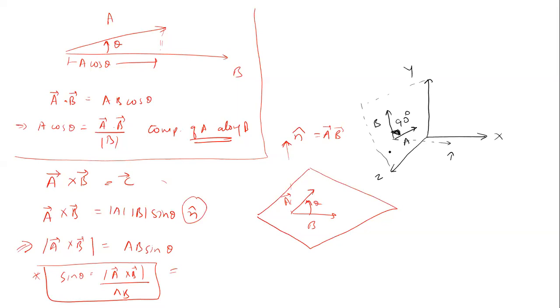Okay, understood. Fine. Can we give more problems like this? You'll tell the direction of the vectors. First of all, whenever I say dot, it means the vector is plus z axis. Cross means minus z axis.